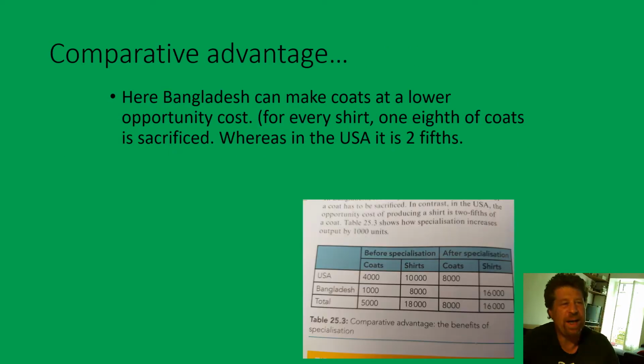Here we've got an example of comparative advantage with USA and Bangladesh. We've got USA producing 4,000 coats, 10,000 shirts. Bangladesh is not good at competing on either product with America. So it's producing only 1,000 coats and 8,000 shirts.